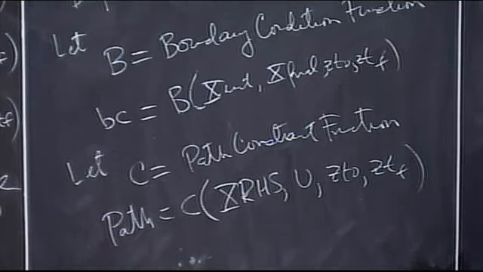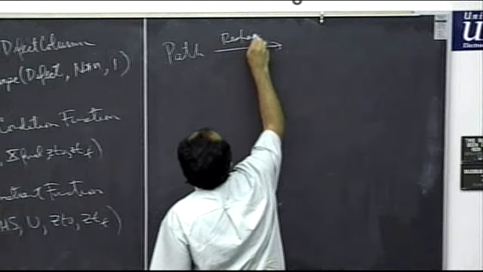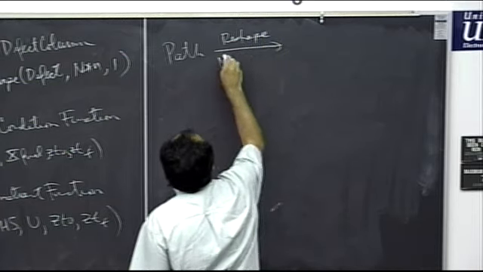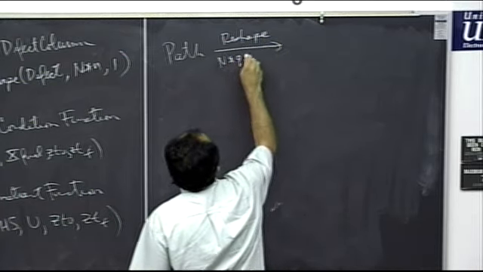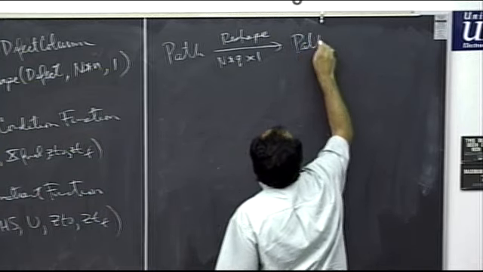Let's say I have Q path constraints. Then I need to take path and reshape it into an N times Q by 1 to get me a path column.